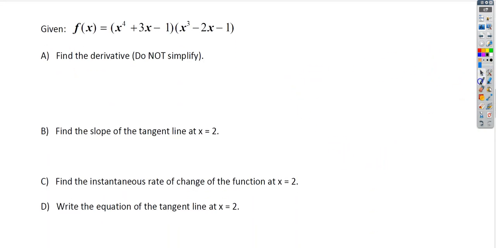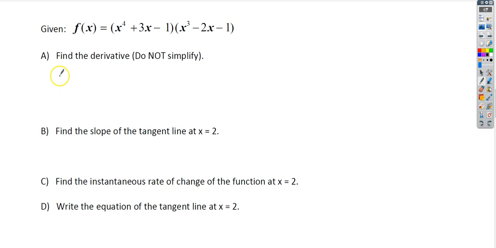Okay, so it says find the derivative. Do not simplify. Since it's a product, we can use the product rule. I don't really wish to multiply that out to do the other rule.